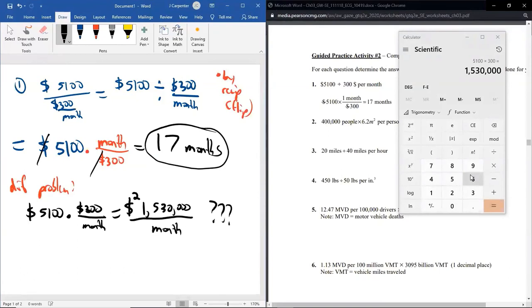What in the heck is this? This makes no sense. What is a dollar squared per month? In terms of a rational real world thing, it doesn't seem tangible, which means there's probably no reason to be multiplying these two numbers. What is the point of me doing this alternate problem?